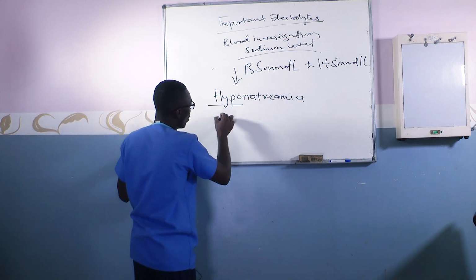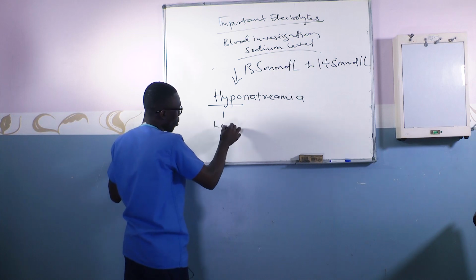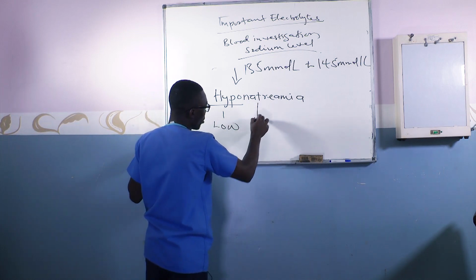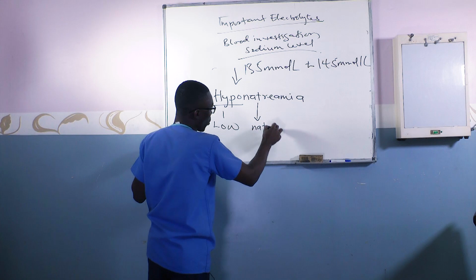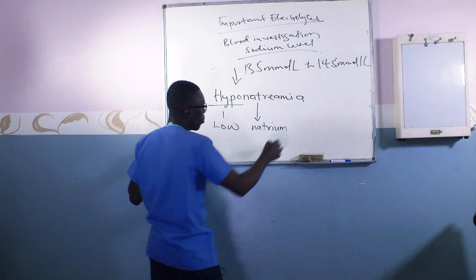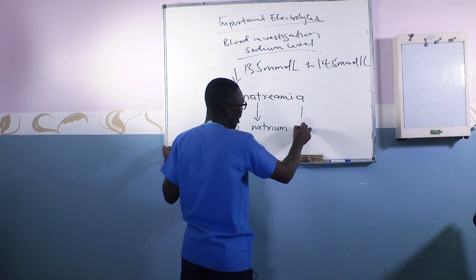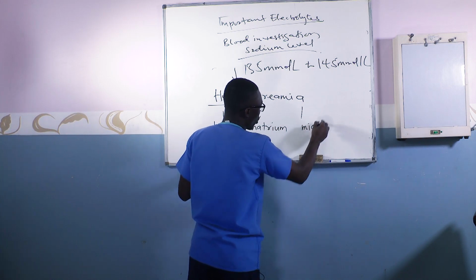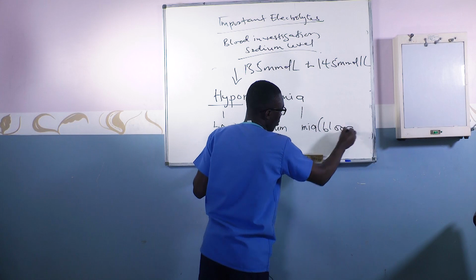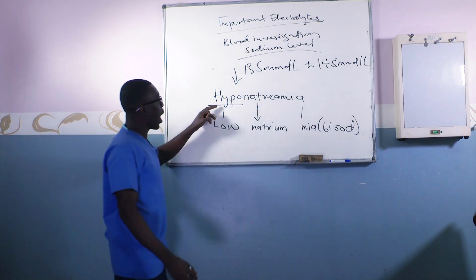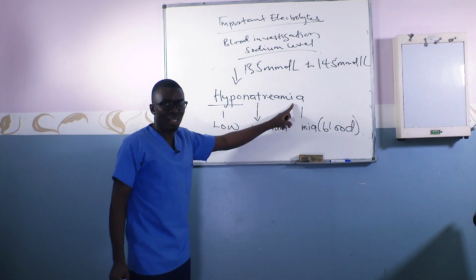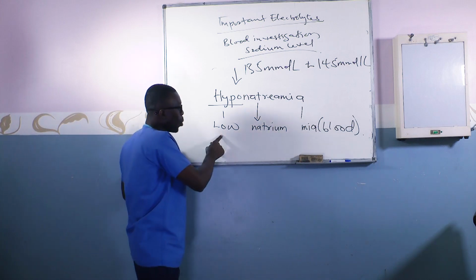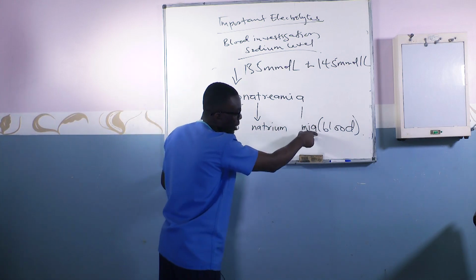The word hypo means low. Natr comes from the word natron, which means sodium. The word emia means blood. So hyponatremia basically means low sodium level in the blood.